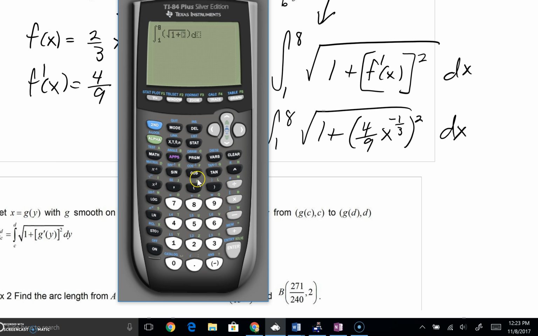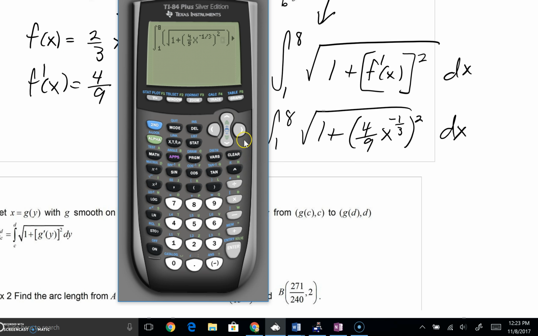Now, it's up to you whether you want to do what's known as pretty print. I mean, you could, and I think when kids have this version of the 89 or the 84, pardon me, they'll tend to want to do that, and that's fine. You can use the alpha y equals to get the fraction to look that way.